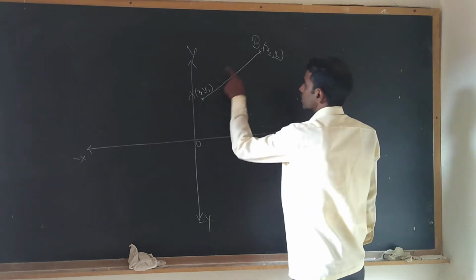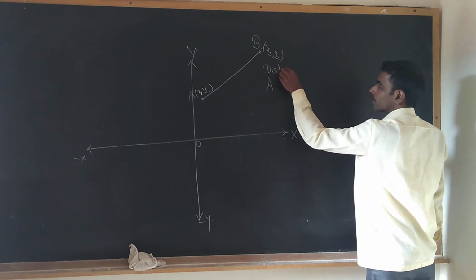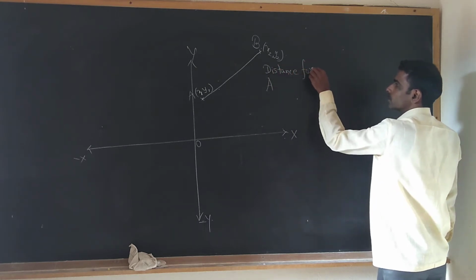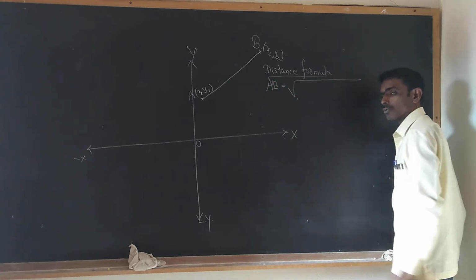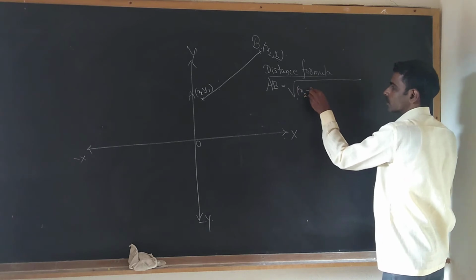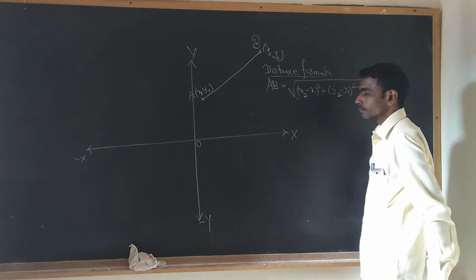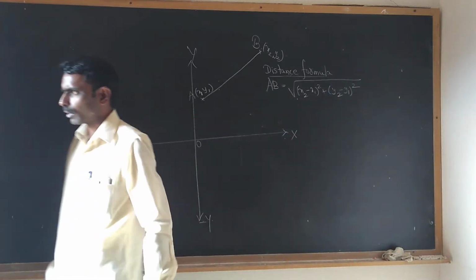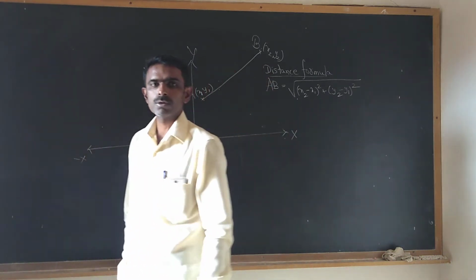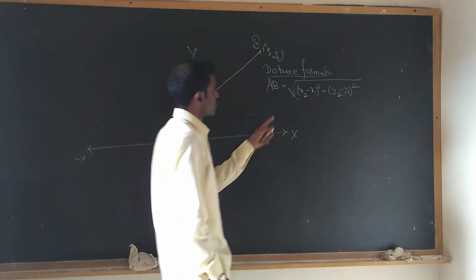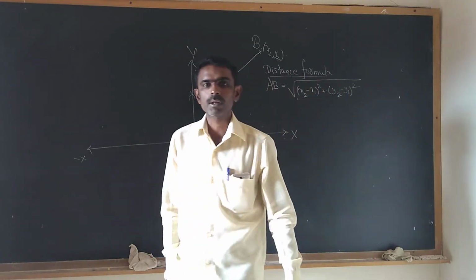Then the distance between these two points is given by the distance formula, and it is given by AB equals root of (x2 minus x1) whole squared plus (y2 minus y1) whole squared.